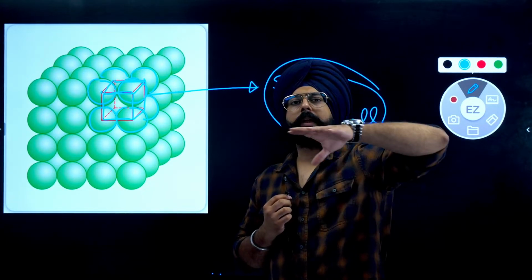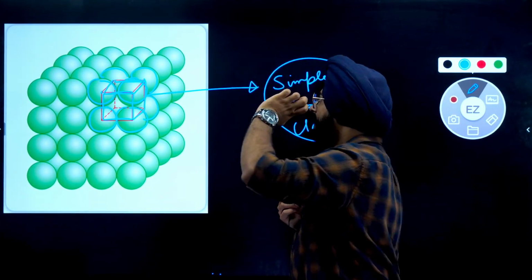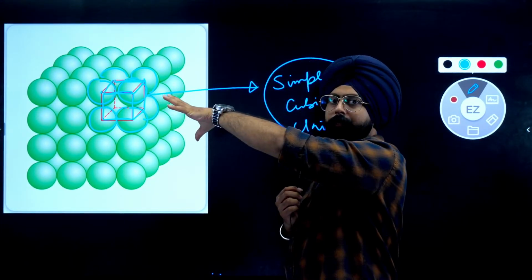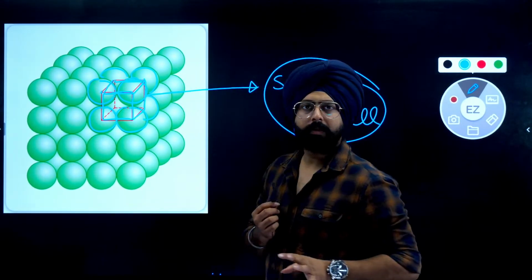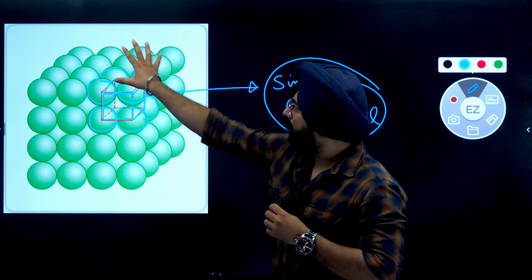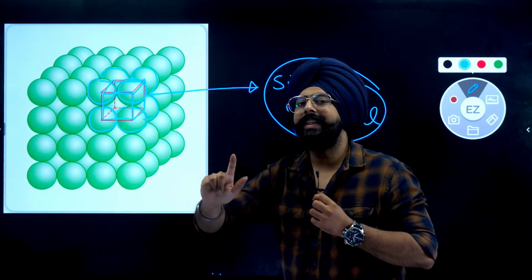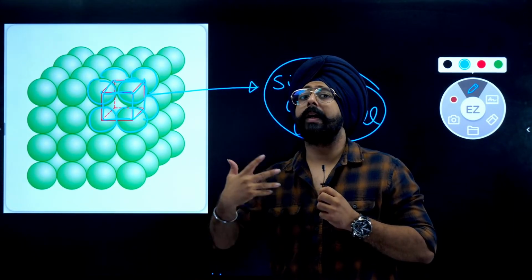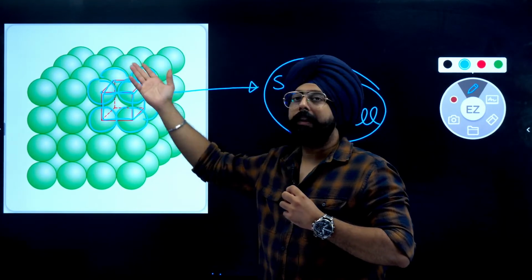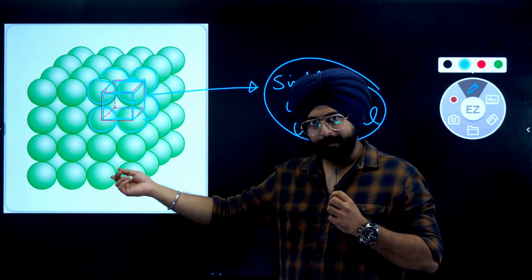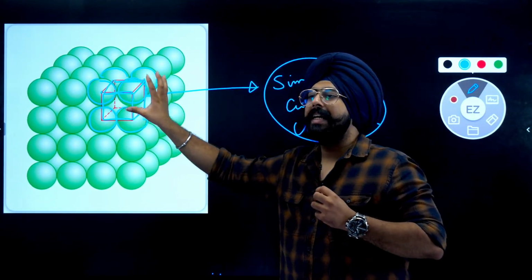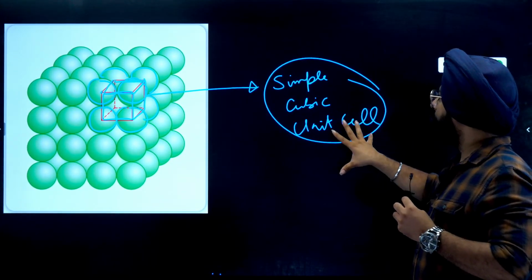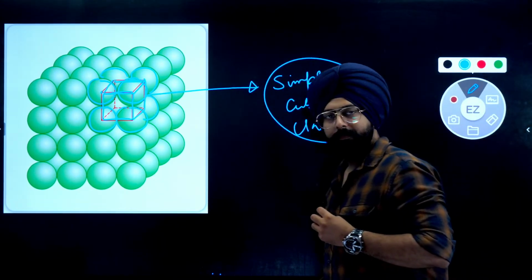You keep on repeating this arrangement and you get this type of arrangement, a solid lattice. Now in this particular lattice, when nature does square packing in 3 dimensions like this, the unit cell that we get out of this lattice is a simple cubic unit cell.